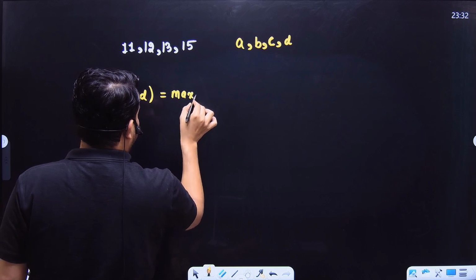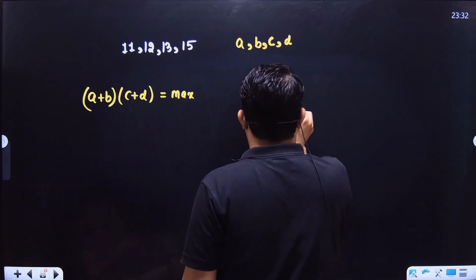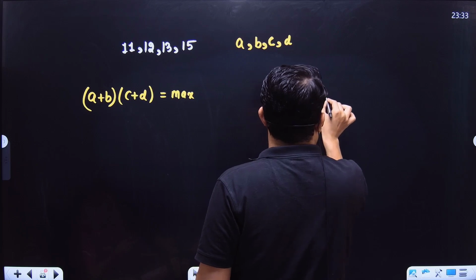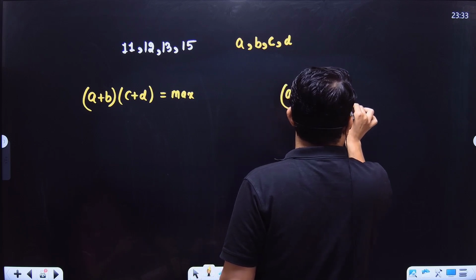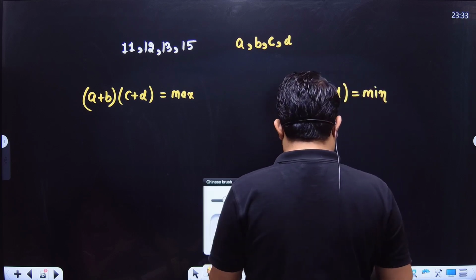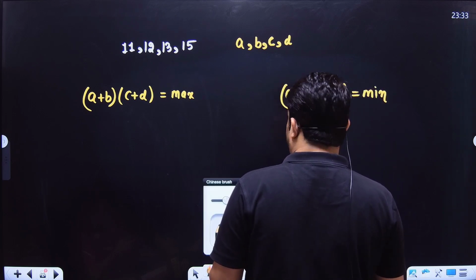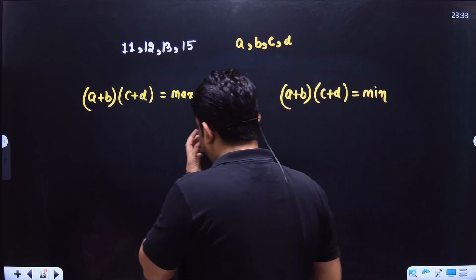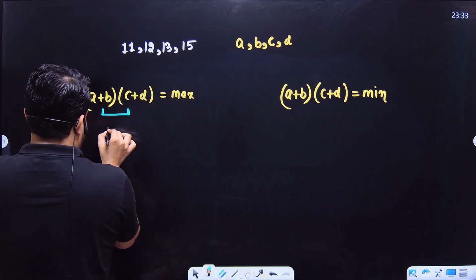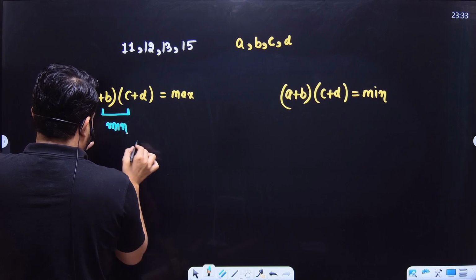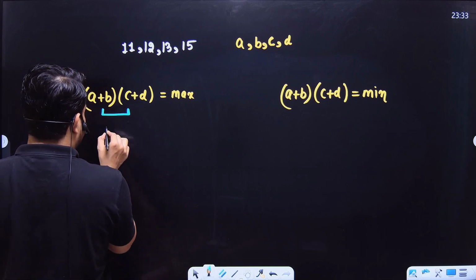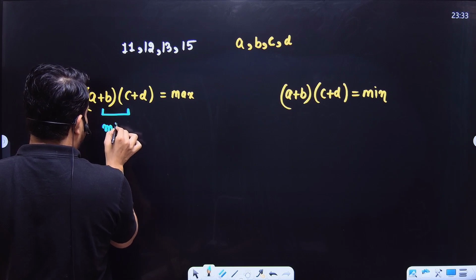And again I am giving you another question in which you have to tell (a plus b) into (c plus d), and the value should be minimum. I will give you the poisonous concept to solve all such questions. To make the value maximum, you have to make this difference minimum.